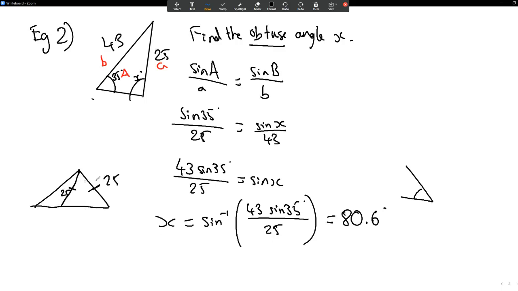So you'll have the same length but two different angles. So we actually need to figure out which of these angles it is. To figure out the proper angle, all we do is 180 minus 80.6, because that'll give us the non-acute angle, which will give us 99.4 degrees, like so.